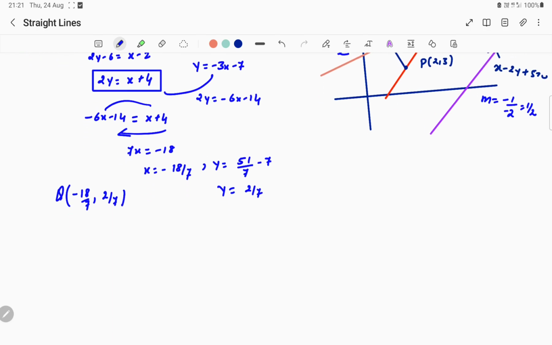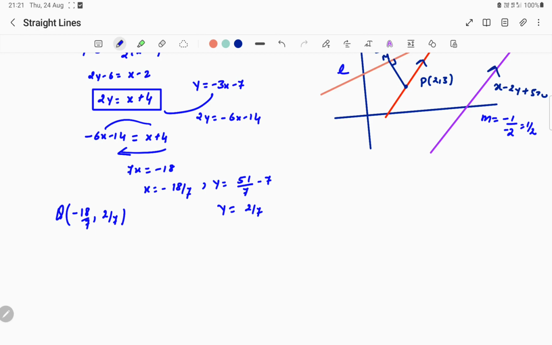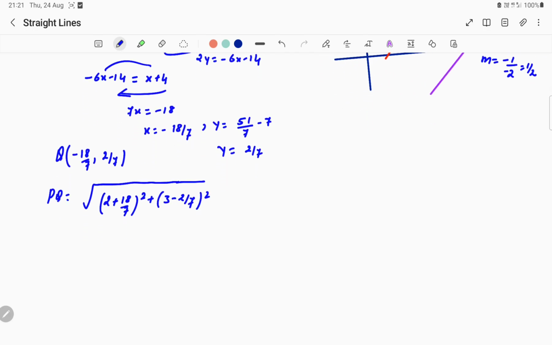And you can find the PQ distance. Apply the distance formula. PQ is root under (2 minus of minus 18 by 7) whole square plus (3 minus 2 by 7) whole square. A little bit of simplification I hope you can do. 7 times 2 is 14, and 18 will give you 32 by 7 square, and then 19 by 7.